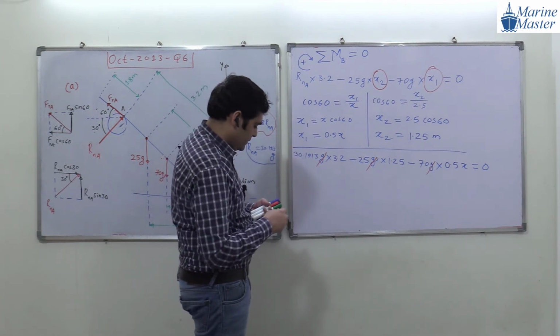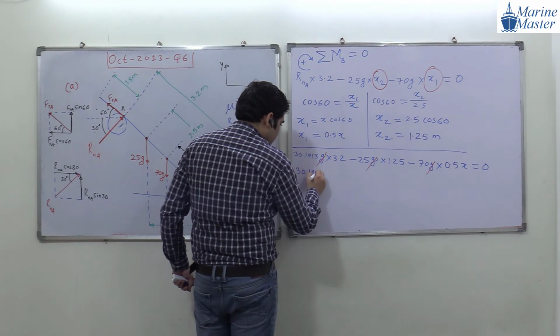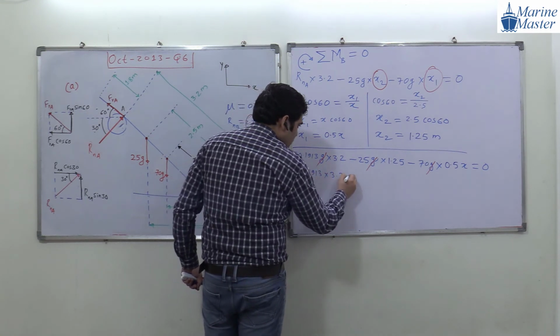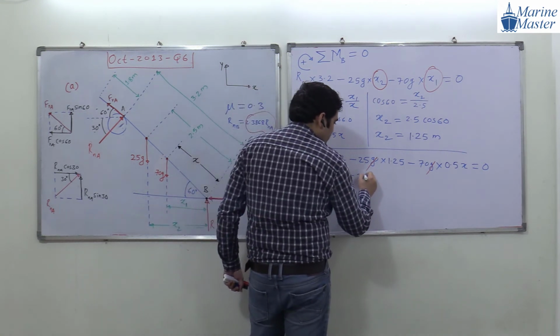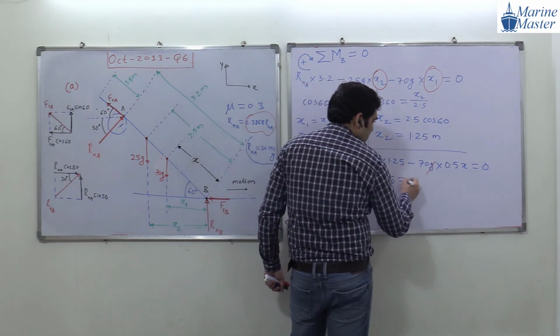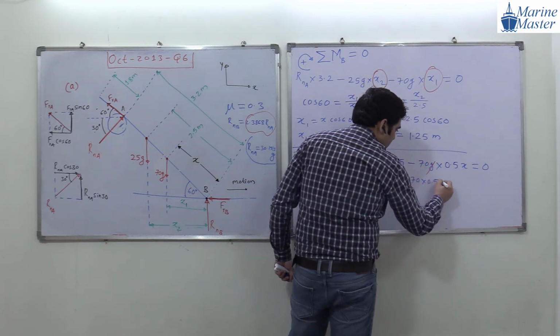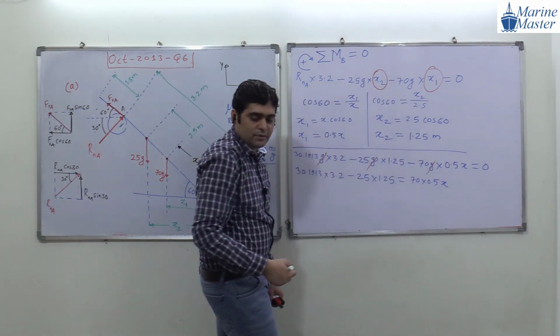Our target is what? So 30.1913 into 3.2 minus 25 into 1.25 is equal to 70 into 0.5 into x. I have shifted on that side.